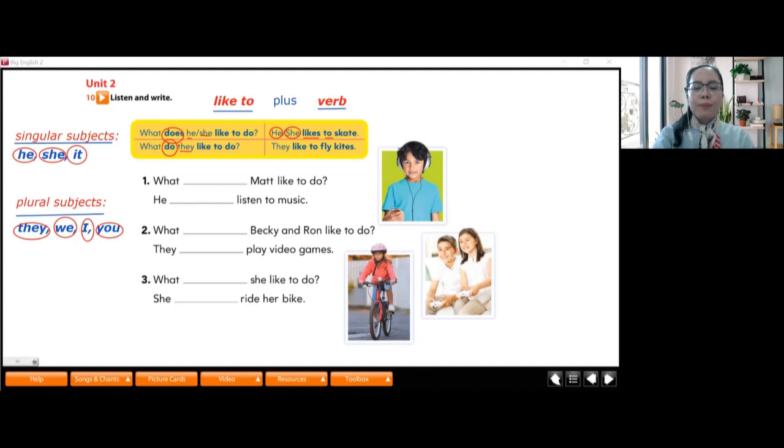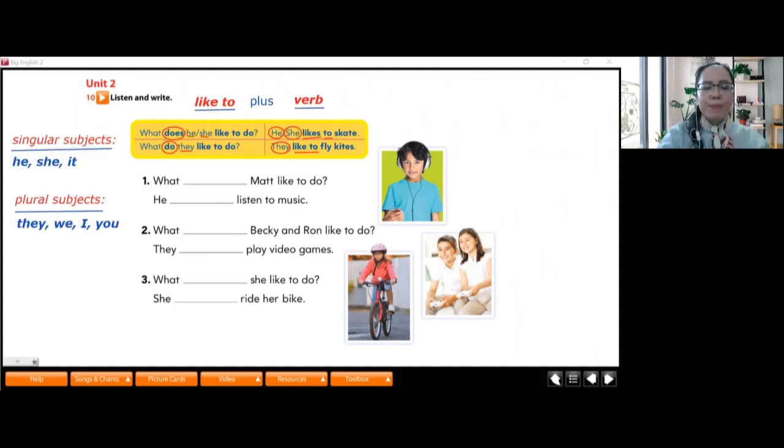But with the plural subject they in the answer, we need to use the verb like to. Are you clear? Class, let's repeat saying after me.